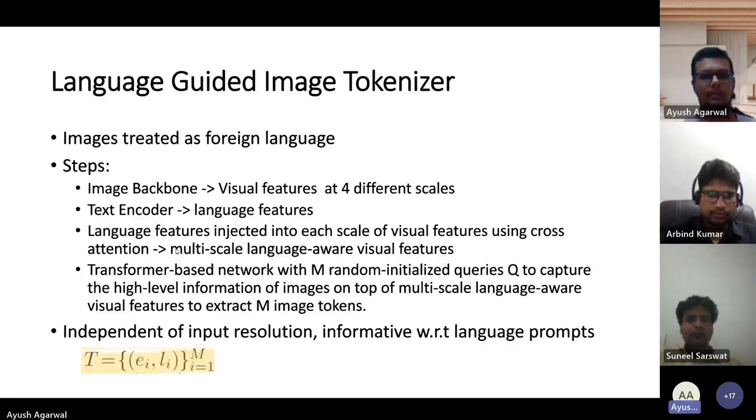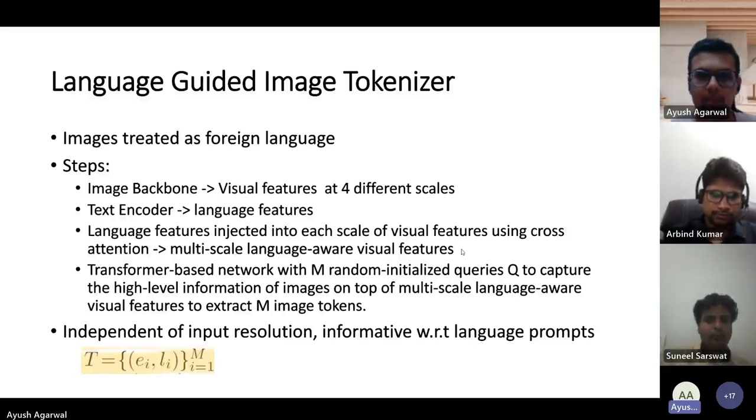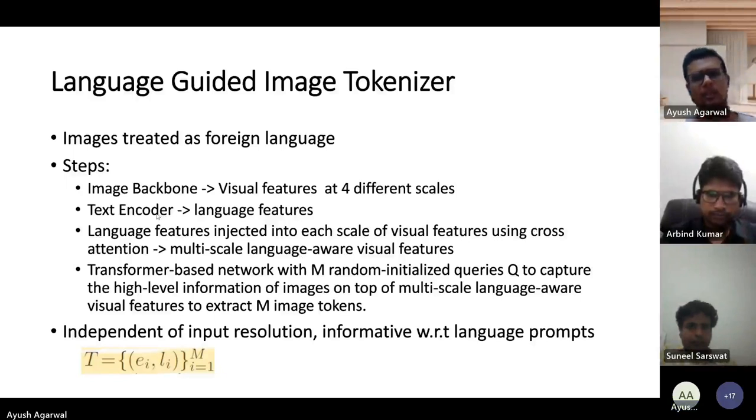So we obtain multi-scale language-aware visual features. I hope this has quite a few terminologies, but each of these I believe would be clear. Multi-scale corresponds to these four different scales, and language-aware because we are using cross attention to inject the language features into the visual features.